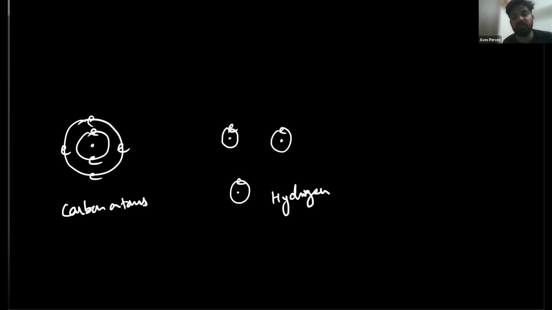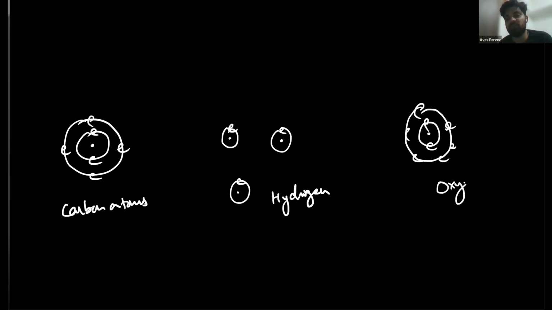Like this one is the oxygen atom: 2 electrons in the first shell and 6 in the other shell, 1, 2, 3, 4, 5, 6. All the oxygen atoms are like this, all the hydrogen atoms are like this, and all the carbon atoms are like this.